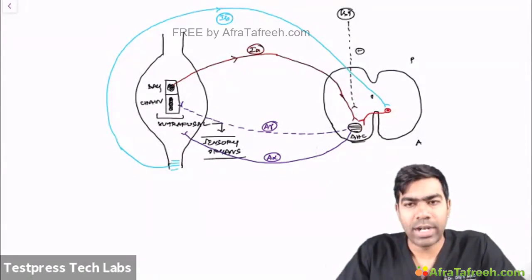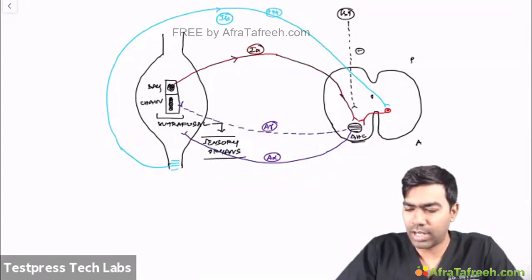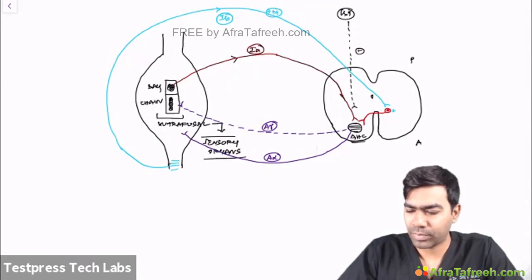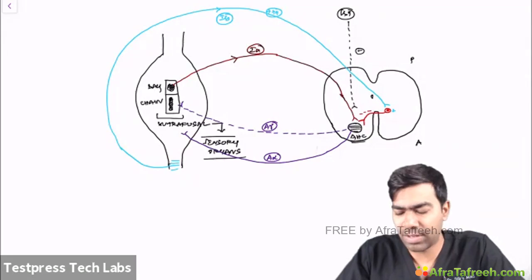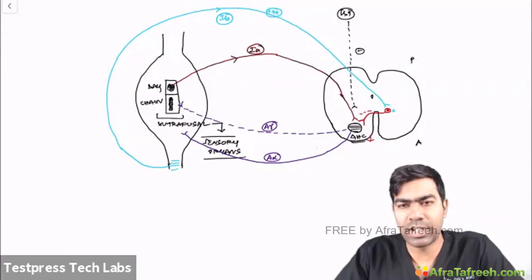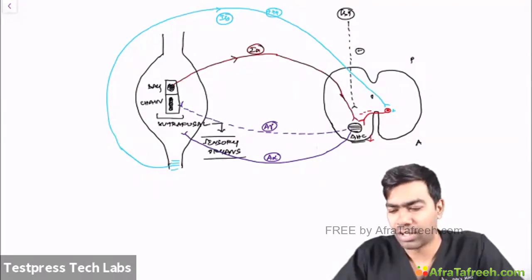So whenever the Golgi tendon organ reflex is stimulated, your interneuron will be stimulated, which means the inhibition will increase. Which means the anterior horn cell firing activity will basically decrease in this particular setting. So this kind of GTO reflex is basically trying to relax the muscle rather than contracting the muscle. That is the reason why it is called an inverse stretch reflex.